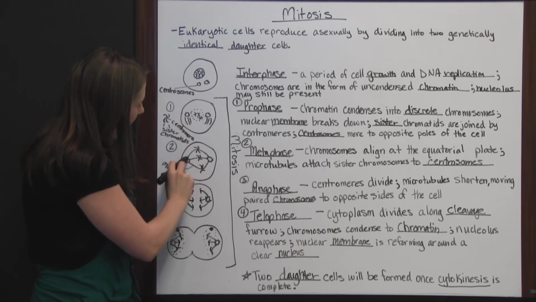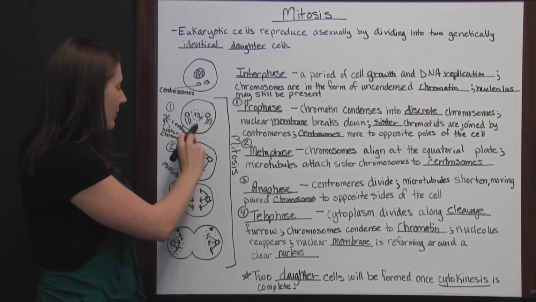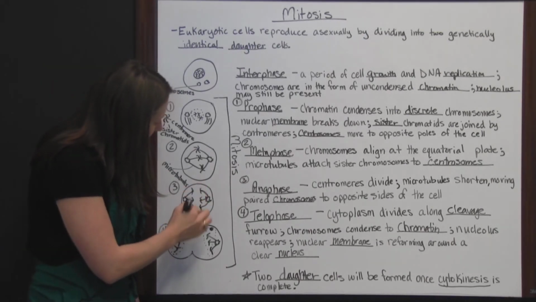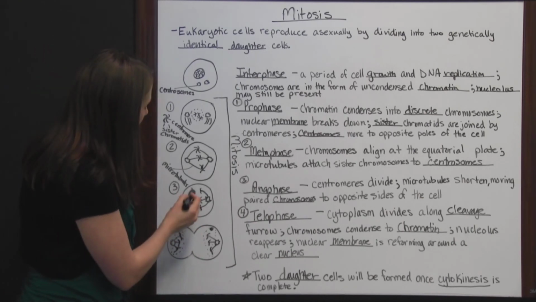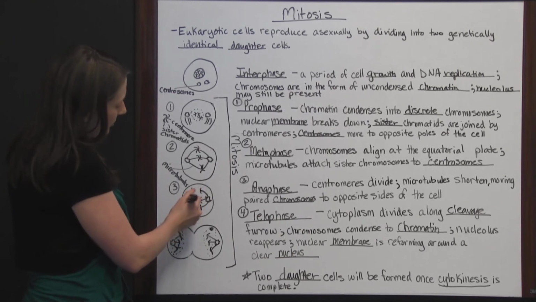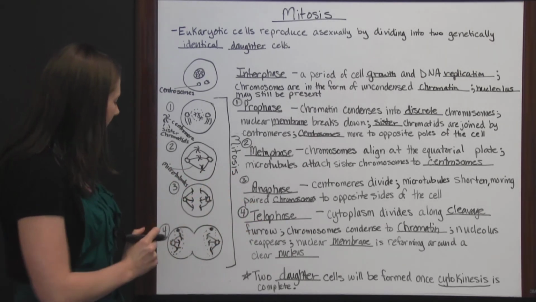The centrosomes attach to the centromeres with microtubules, and those chromosomes line up along the equatorial plate. Then they split apart, starting to look like two new cells now, and each part of the chromosome pair goes toward a centrosome so that they are split equally across the cell.